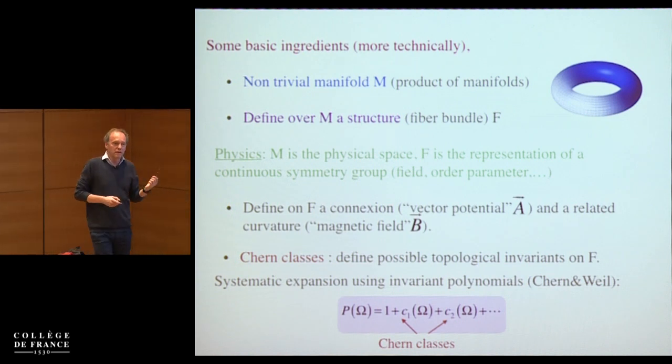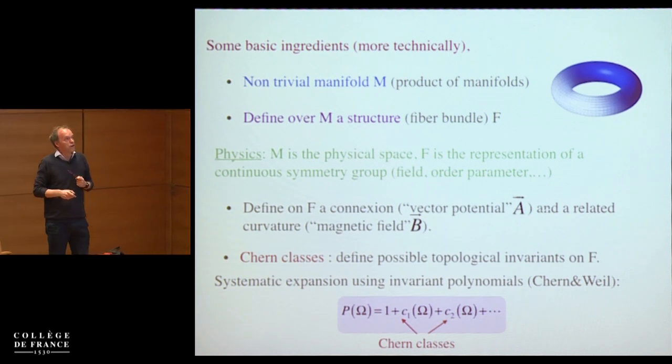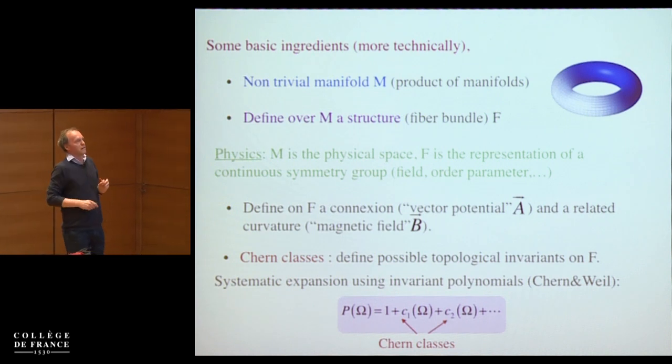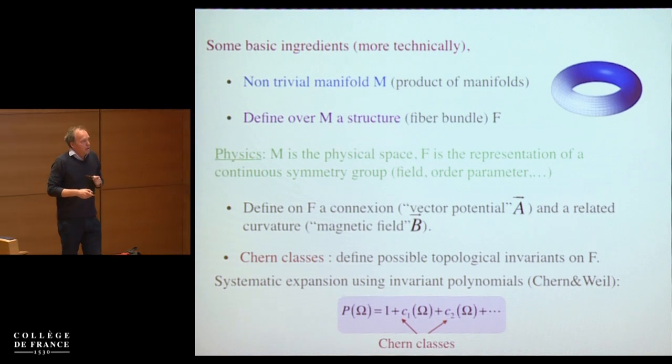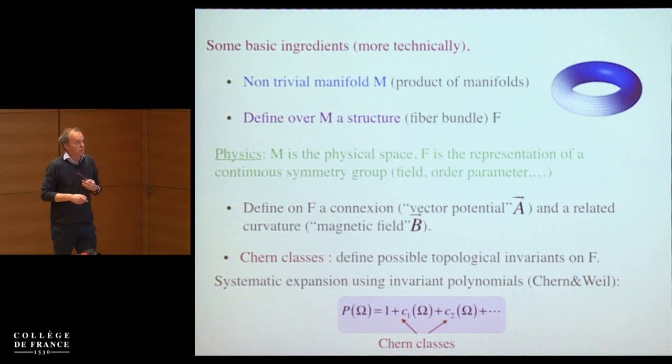Connection, for mathematics, the translation in physics is a vector potential. And from this connection, you define a related curvature. In our language, a magnetic field. But again, it's much richer and much broader than this, but this is the idea. And now, if you want to define systematically a possible topological invariance on this fiber bundle, you define what are called Chern classes.